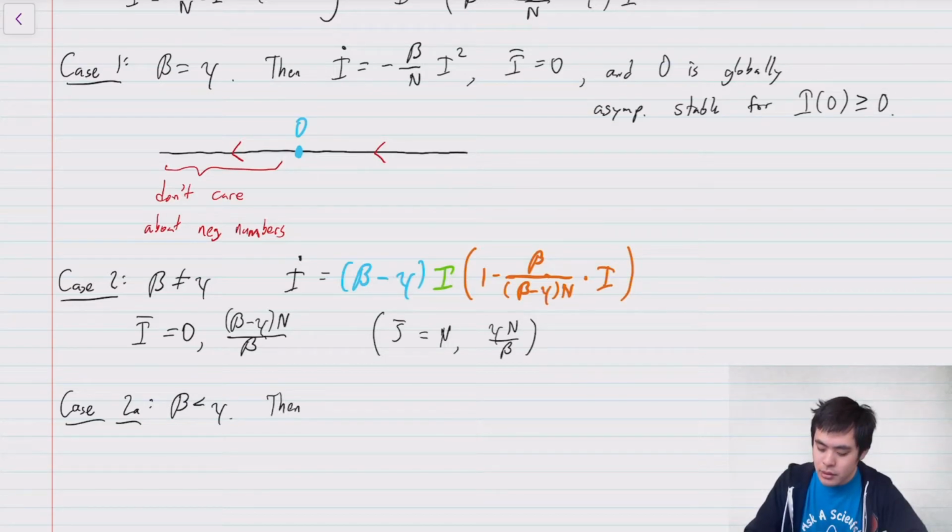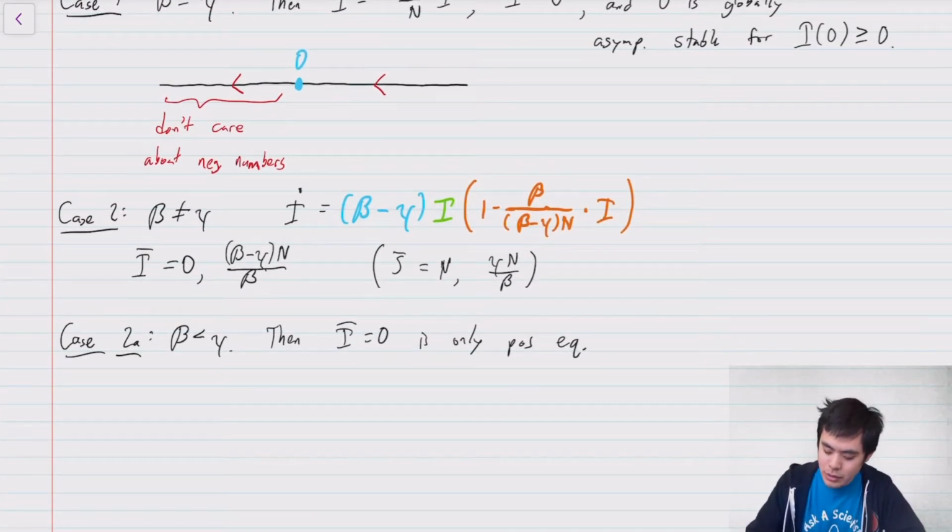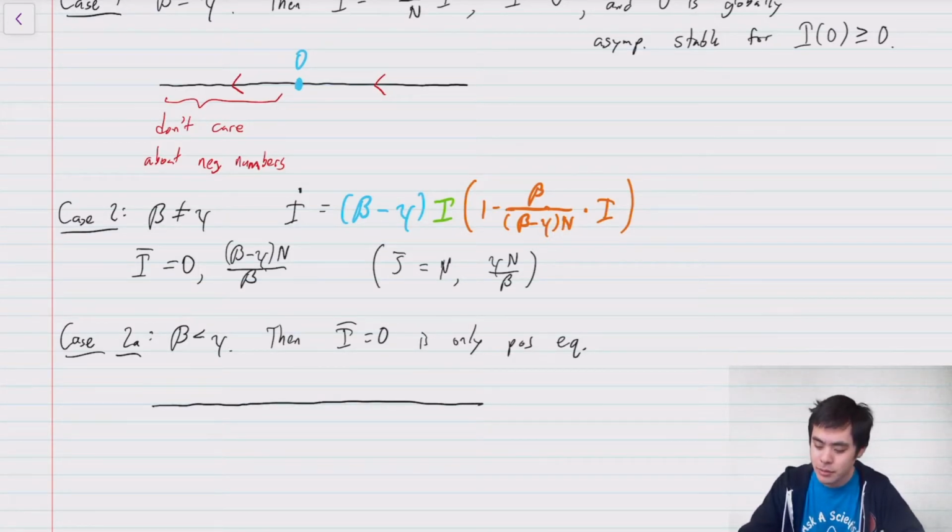Well, then if beta is less than gamma, 0 is the only positive equilibrium. Because again, we don't care about when it's negative. So we end up with a phase line that looks something like this.